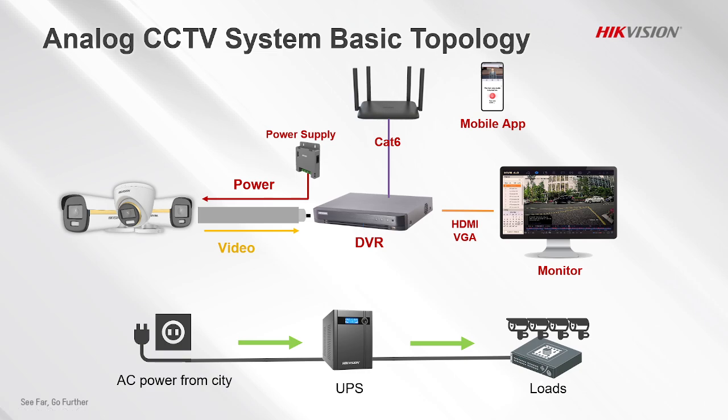Then from the DVR, we can connect our router with Cat6, then access the internet. From the internet, we can add the device to HIK Connect or HIK Partner Pro. So that is one view that you will get from HIKVISION.